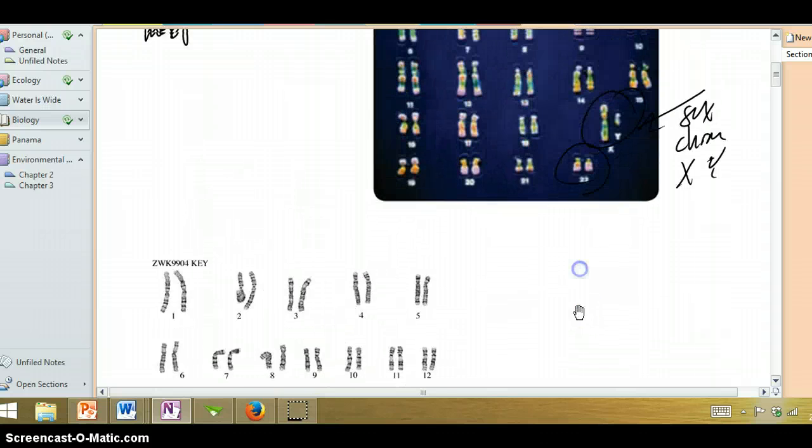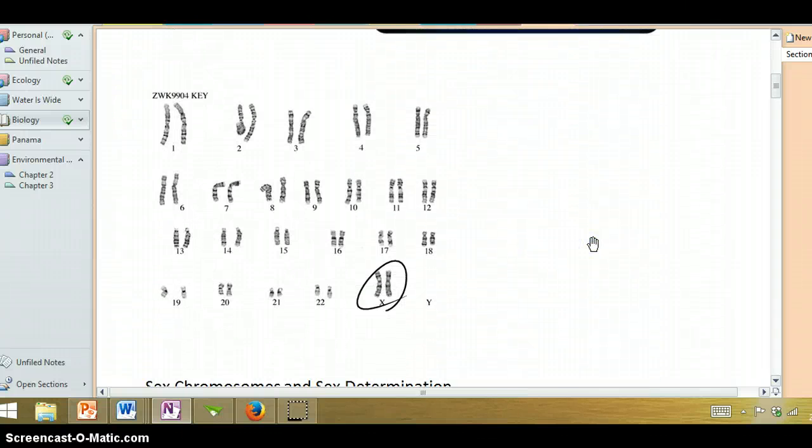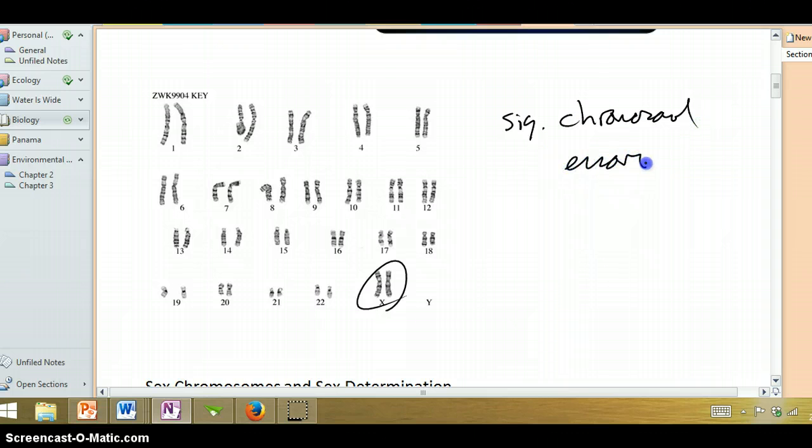The karyotype can be useful because it can show you if there are any significant chromosomal errors at all. If there are missing chromosomes, extra chromosomes, or portions of chromosomes that are missing, for example.